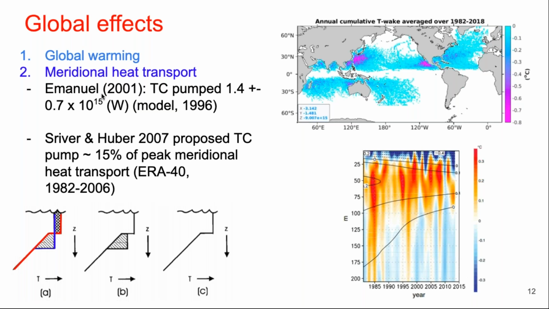And following this study of Nguyen, Shriver and Huber in 2007 proposed that TC-induced heat pump can contribute up to 15% of the big marine heat transport using reanalysis data.